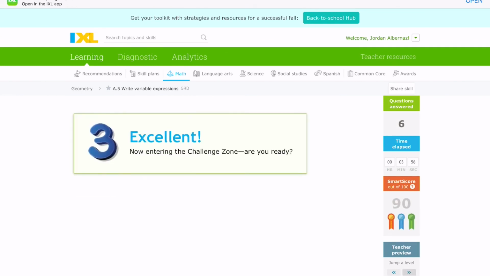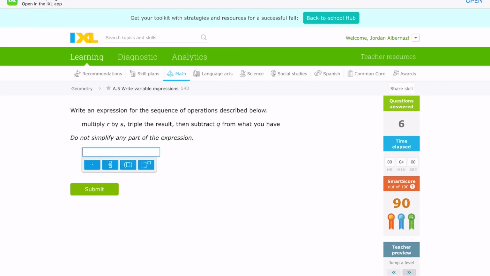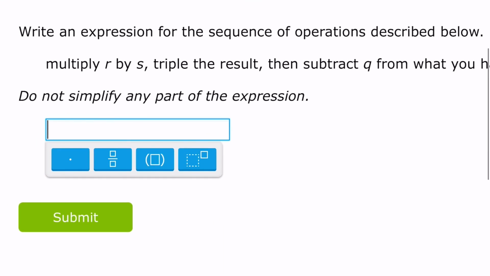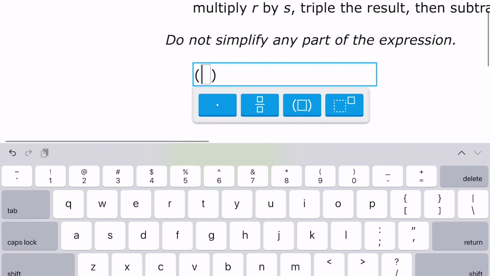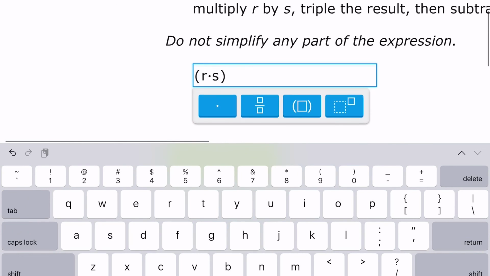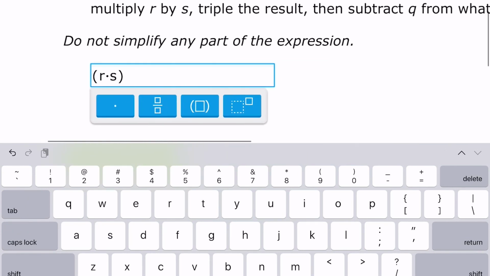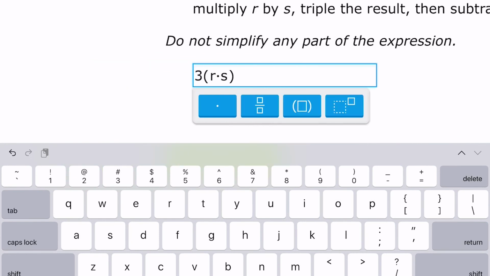And let's go a little bit more. Ooh, challenge round. We'll do one of these and then we'll call it a day. All right. Multiply r by s. Triple the result. So I'm going to put a 3 on the outside.